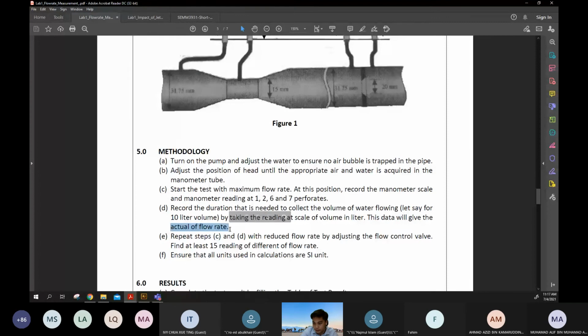That means you measure how long it takes for the water to accumulate 10 liters. Then repeat step C until step D with reduced flow rate by adjusting the flow control valve, from the maximum flow rate to the minimum flow rate. Ensure all units used in calculation are SI units.